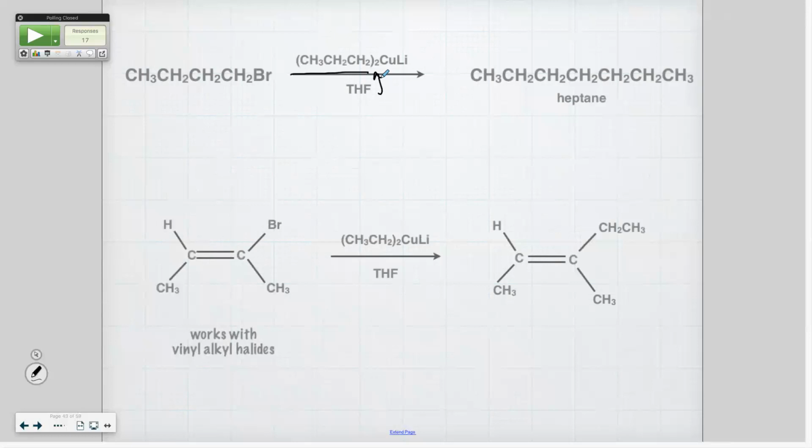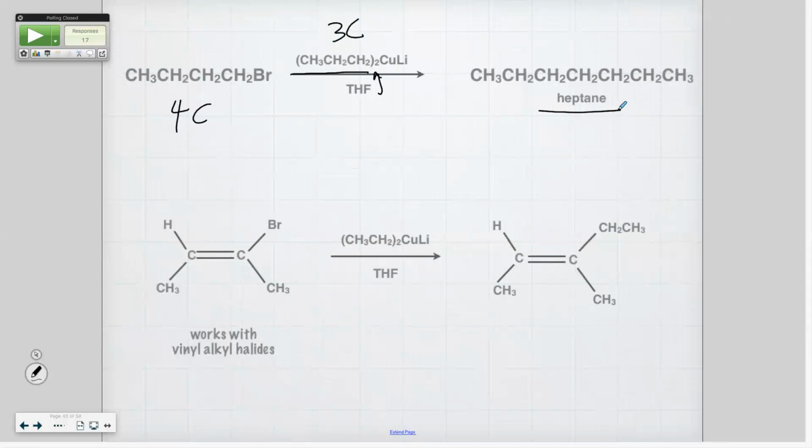And so we had 4 carbons here, and we're adding 3 carbons here, and guess how many we get? How many carbons is heptane? 7. What's 6? Hexane. Checking.